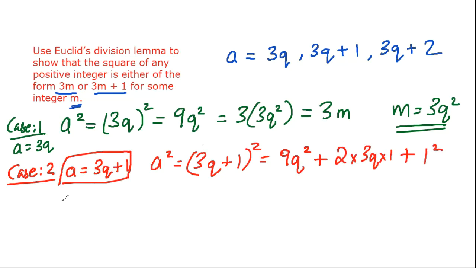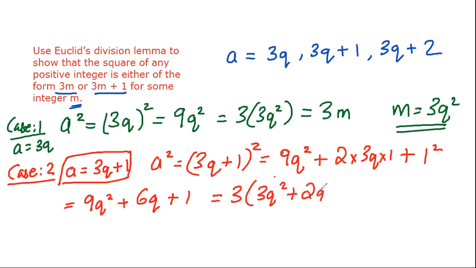Now I am simplifying this. I will get 9q square plus 2 times 3 is 6, 6q into 1, plus 1. Now I can take this 9q square and 6q together and take 3 outside, so that I can write this as 3 times 3q square plus 2q, plus 1.